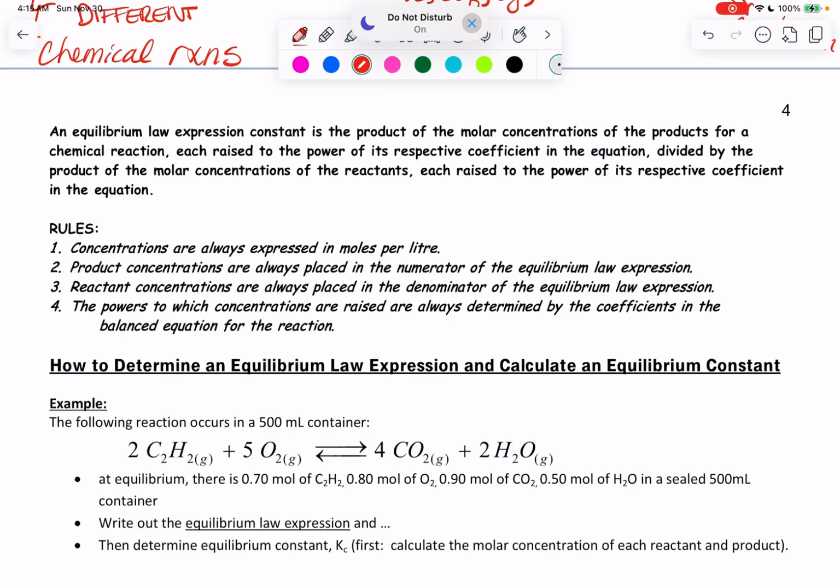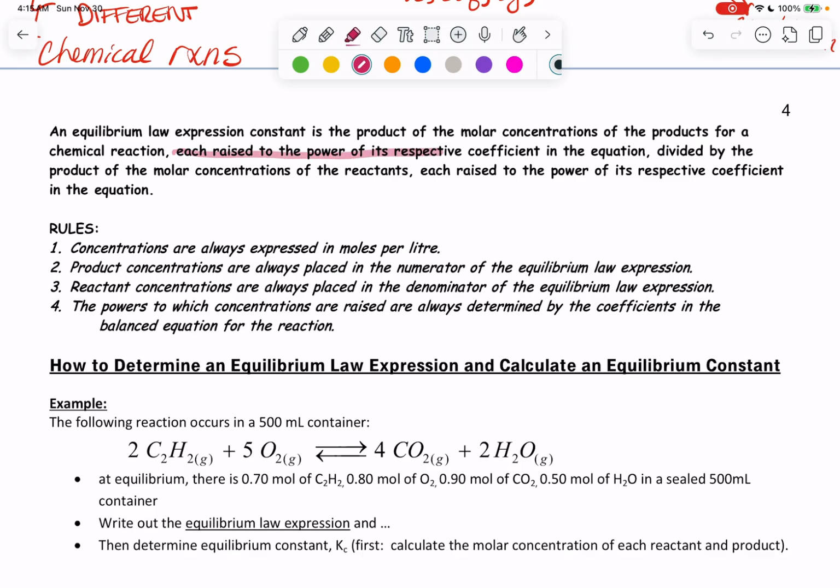An equilibrium constant is the product of molar concentrations of the products for a chemical reaction, each raised to the power of its representative coefficient.